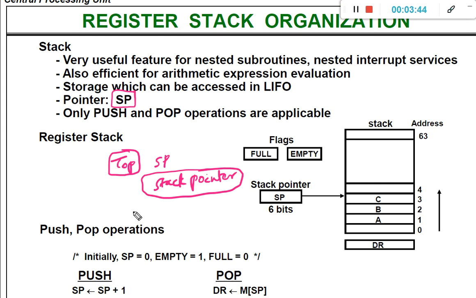What are the properties of a stack? A stack is a last in, first out list, and it has a pointer, the stack pointer SP. There are two basic operations related to the stack: the push operation and the pop operation. Push means you push a data item into the stack.